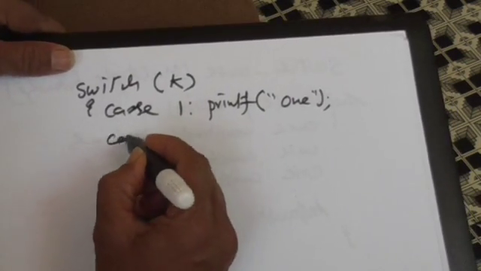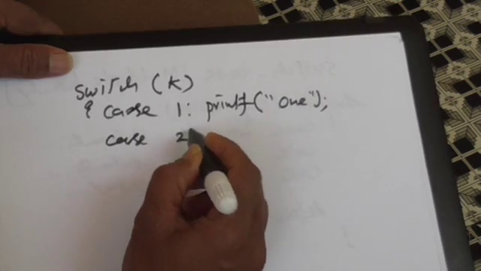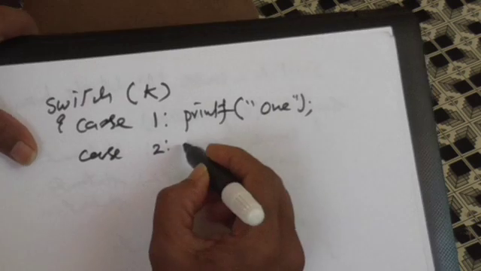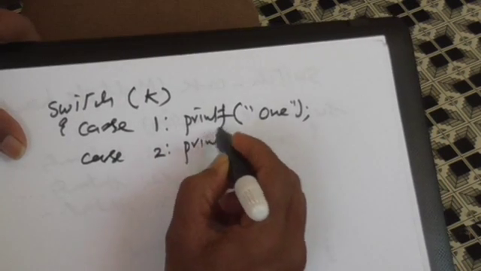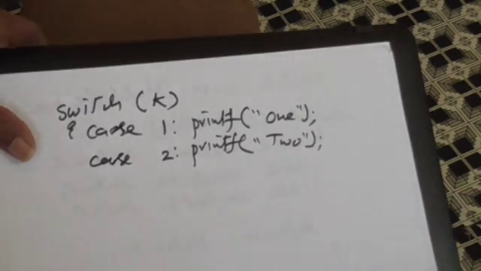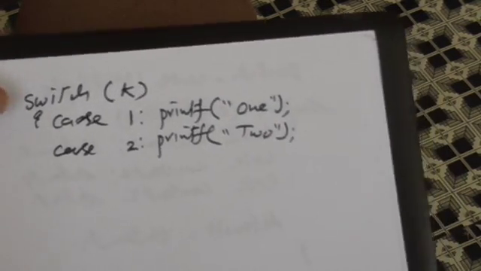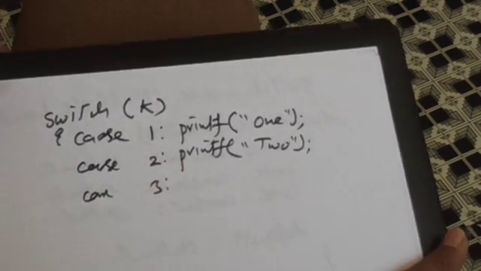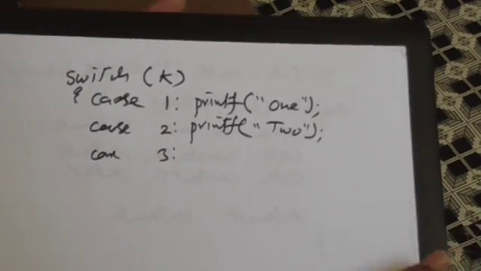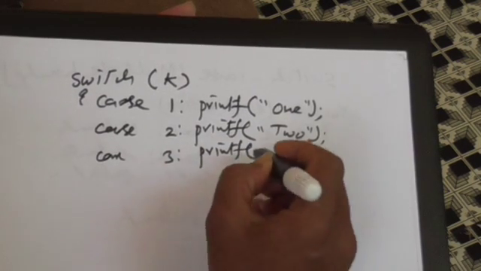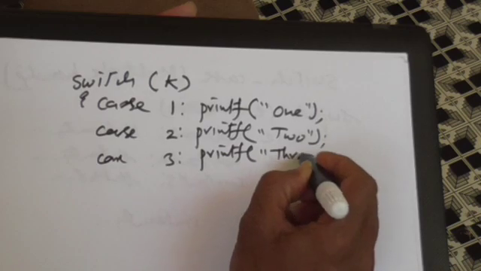Supposing the case is 2, I write printf 2. If the case is 3, if the constant is 3, I write printf 3.